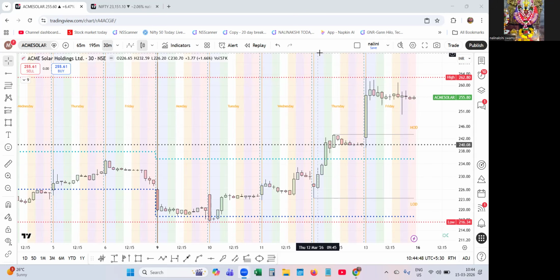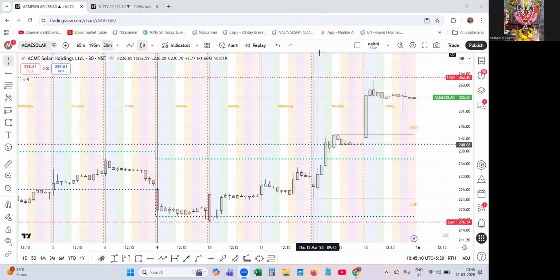What if we divide the trading day into equal time segments and study how price behaves inside those segments? That is the idea behind this 65-minute time template.